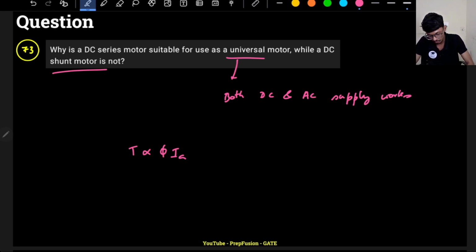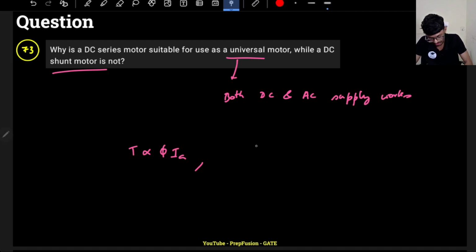Now one more thing we know, that the motor should operate both in AC and DC. And what kind of field windings? I will come to this, why series winding is used. That is actually a different topic which we will discuss after induction motors. We will discuss about this, don't worry. But for now, just understand this, that it has to operate very well in AC.